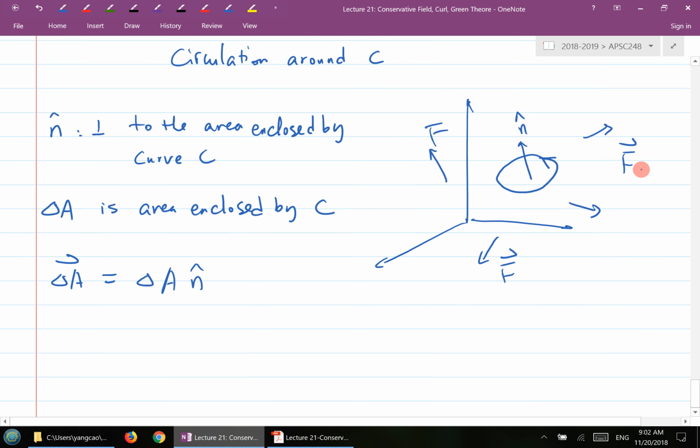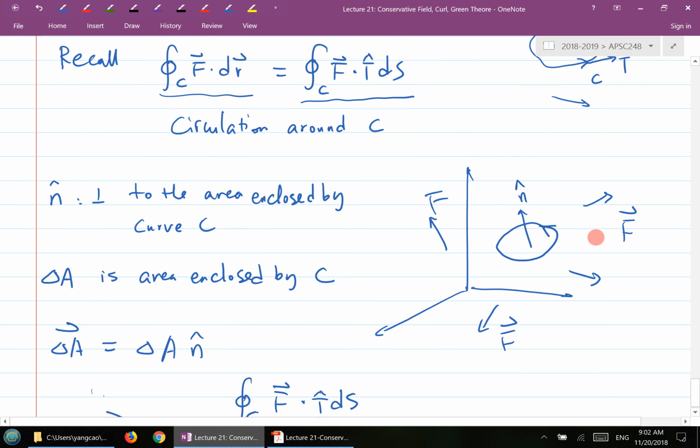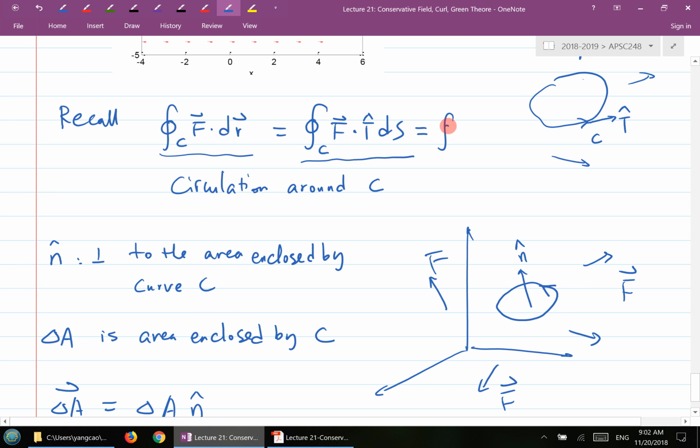Now I'm going to integrate around this curve C. Maybe coming back to this one here, just to write down another formula, the most original formula: F dot T hat ds is represented by a displacement vector ds here.